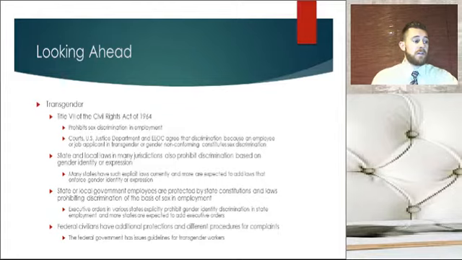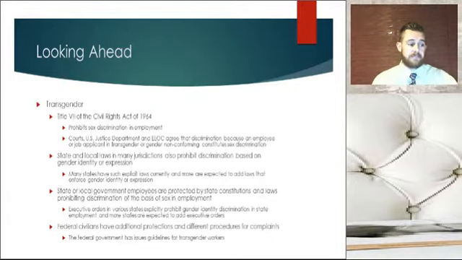Courts, the U.S. Justice Department, and the EEOC agree that discrimination because an employee or job applicant is transgender or gender non-conforming, as it's also referred to, constitutes sex discrimination. State and local laws in many jurisdictions also prohibit discrimination based on gender identity or expression. Many states actually have such explicit laws currently, and more states are expected to add laws that enforce gender identity or expression.